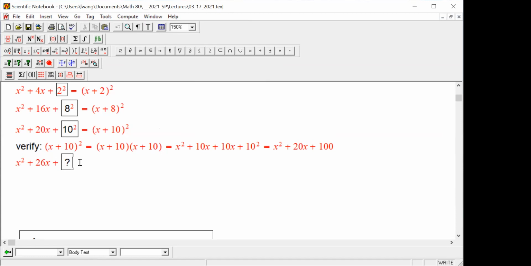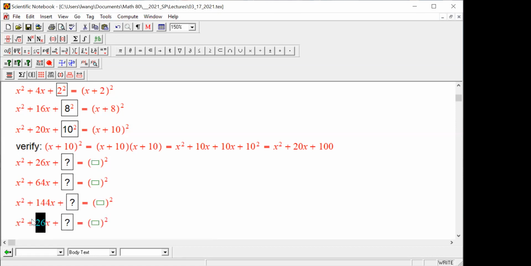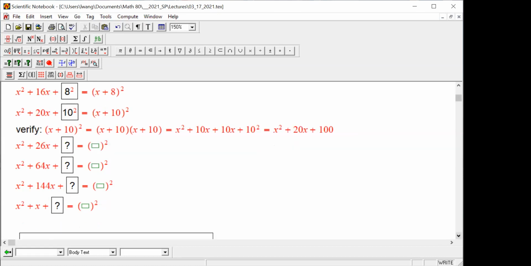What should be in the blank to make what perfect square? Okay, I'm going to give you a few more. 64. 144. Last but not least, 4 questions for you to answer. What should be in the blank to make that perfect square?